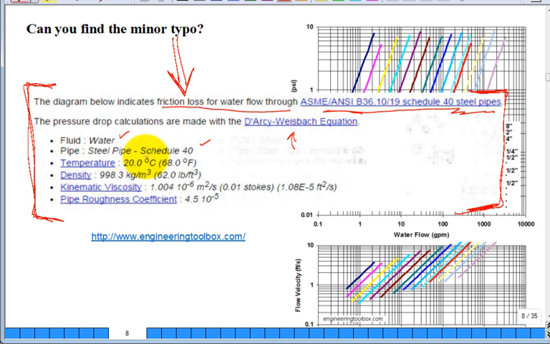The temperature of the water is 20 degrees C, 68 F. Density of water, 998.3 kilograms per meter cubed, 62.0 pounds per cubic foot. The kinematic viscosity is given both in meters squared per second, Stokes, as well as foot squared per second, and a pipe roughness coefficient 4.5 times 10 to the fifth. All right. Do you see a minor typo?